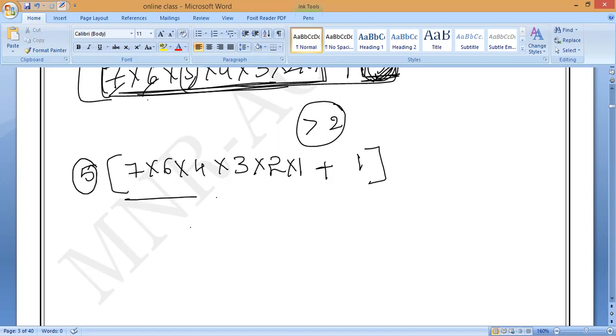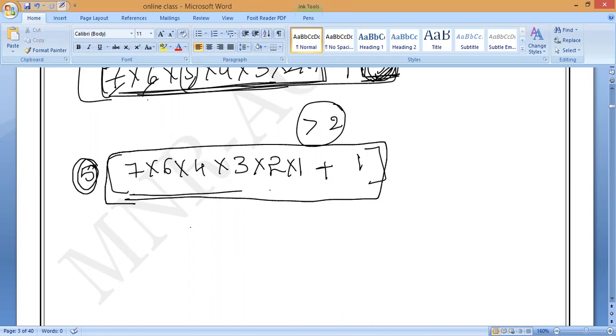This whole number is one factor, correct? Do you understand or not? Here 5 is one factor, and this entire number is another factor. Do you understand?